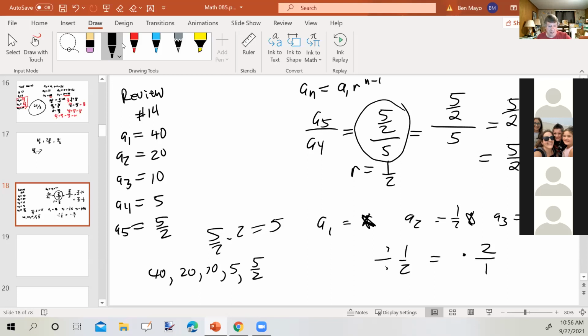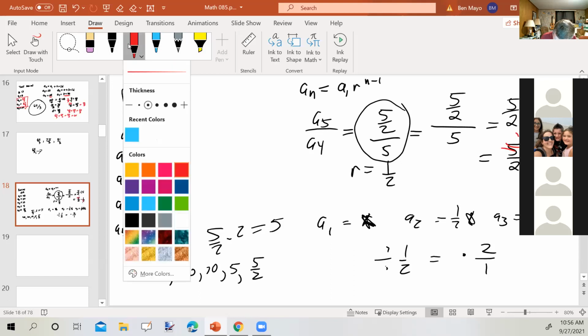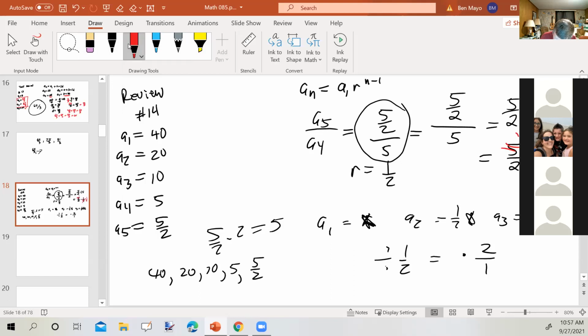Dividing by a number is like multiplying by its reciprocal. But then here, I can reduce the 5/5, and I end up with just 1/2. You okay with that? Yeah. All right, any other questions before we go on?